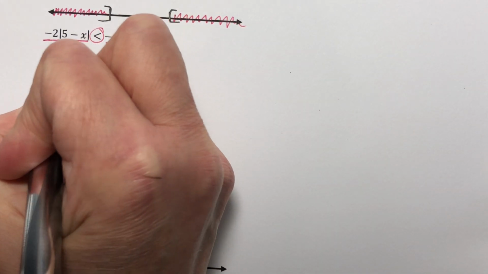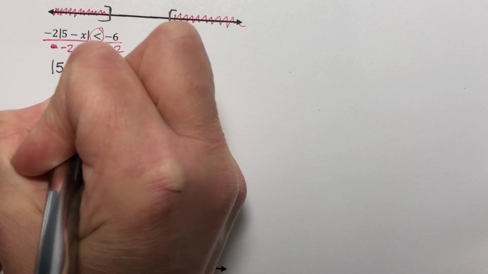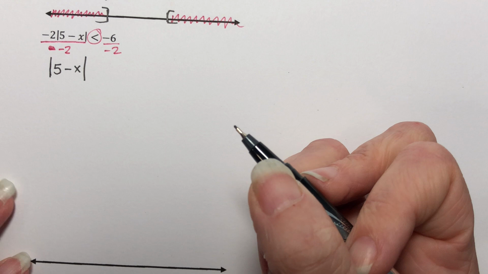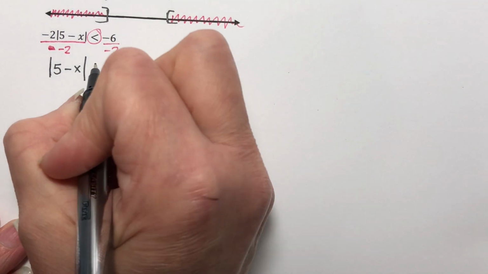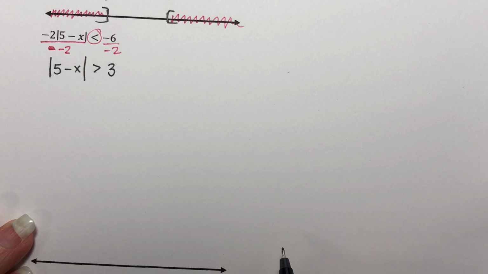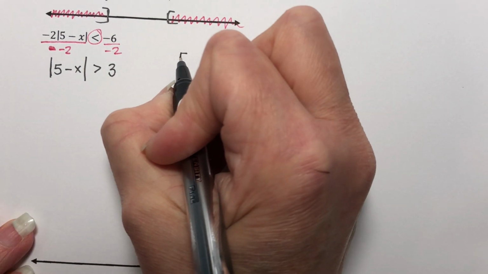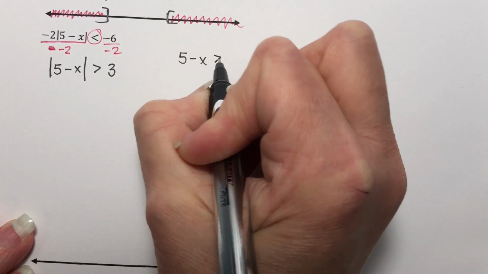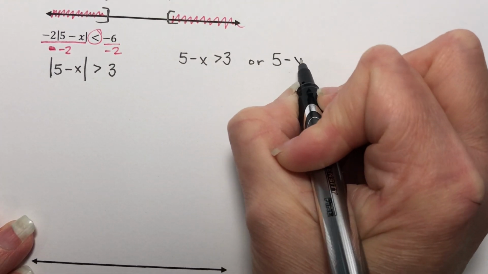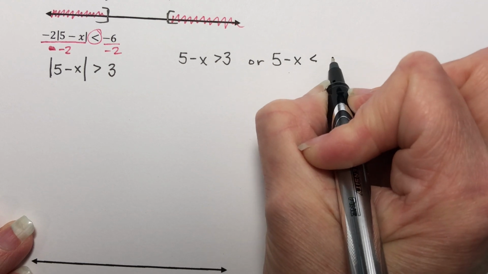So I get the absolute value of 5 minus x. Make sure your absolute values are significantly bigger than your other numbers, or you're likely to pick them up as a 1. And this is greater than +3. Okay, so now we write 5 minus x is greater than 3, or 5 minus x is less than -3.